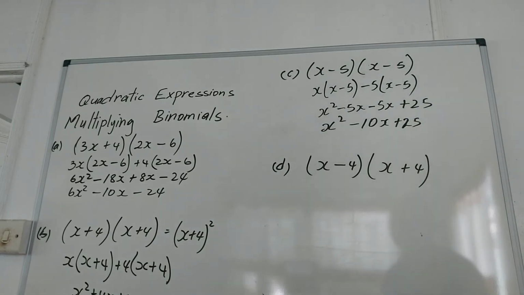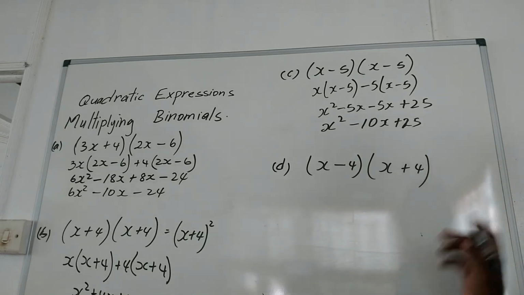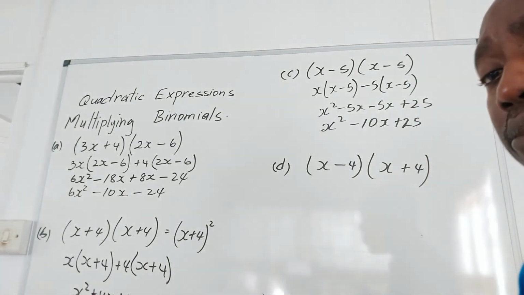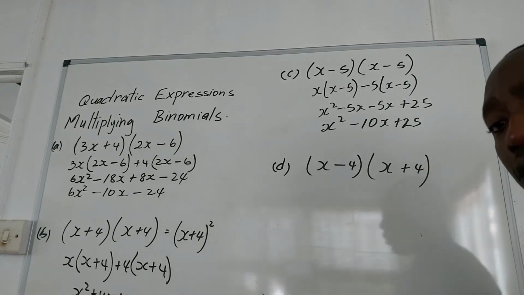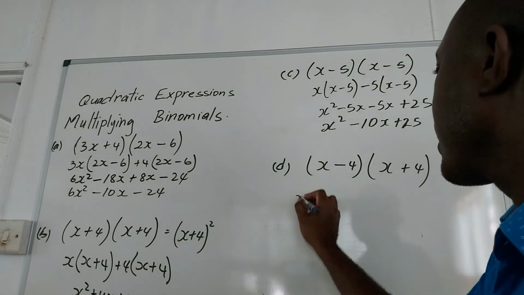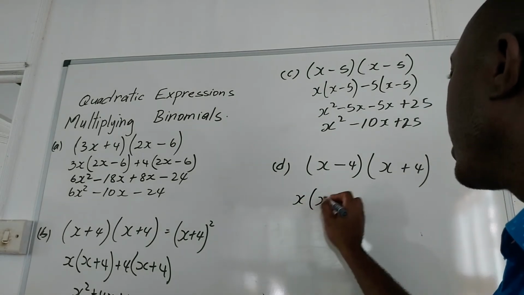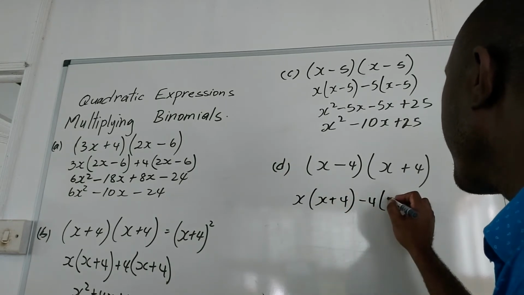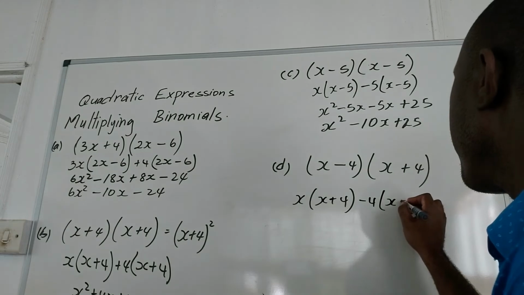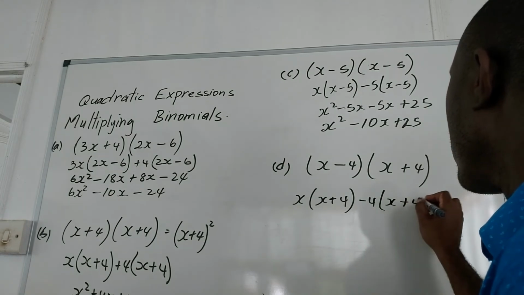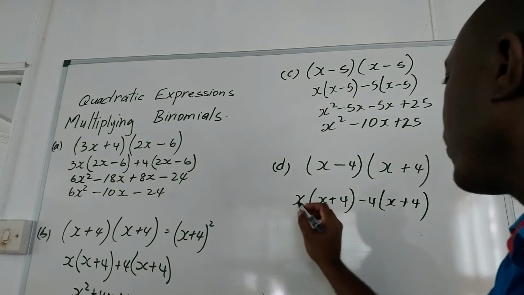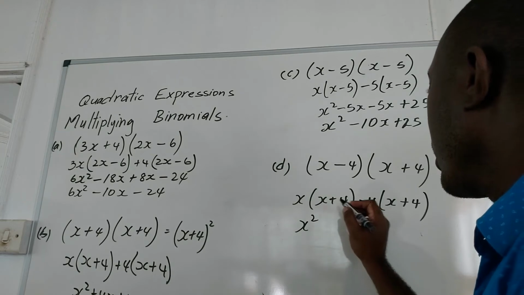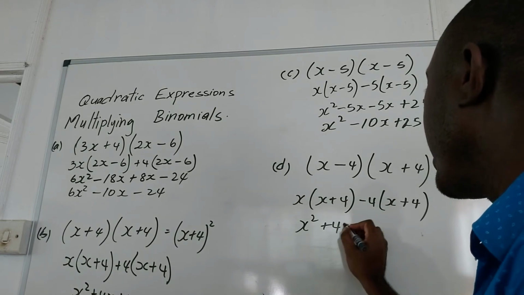Alright, and then we want to do one more, which is another special one. I will tell you why it is special in a moment. Let's multiply it and see. So now we have x times x plus 4, and then minus 4 times x plus 4. So here we have x times x will give us x squared. x times 4 will give us 4x.